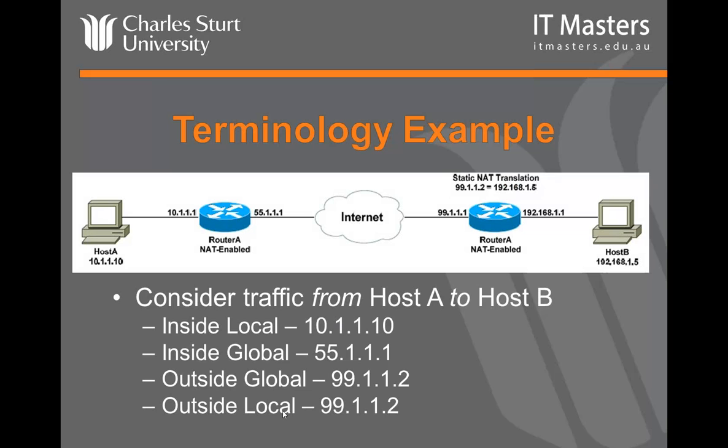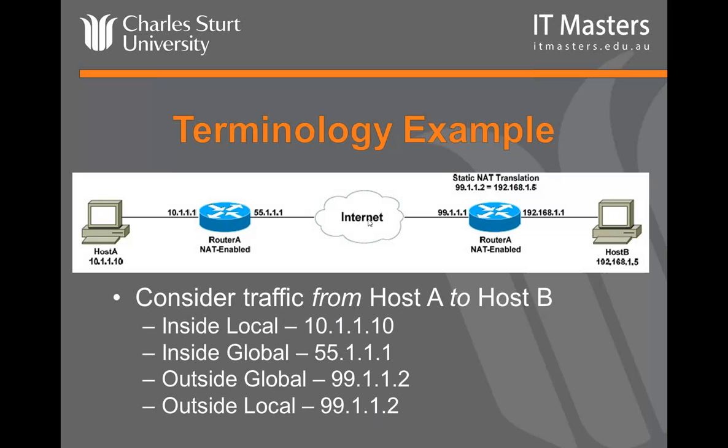The outside local is the same, and the reason it's the same is because of this key statement here: we are considering traffic from host A to host B. If we were considering traffic in the opposite direction, then this would change.